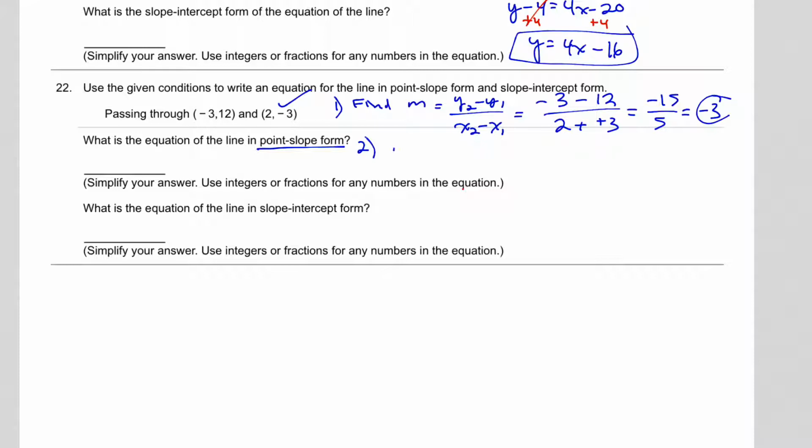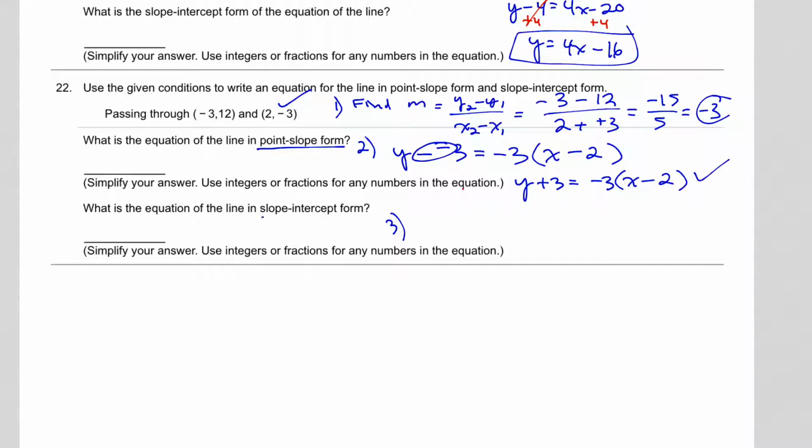So y minus -3, -3 is the slope, x minus 2. And all we need to do is just clean up this part right here. So final answer would be y plus 3 equals -3 times x minus 2. So we're done with part 2.